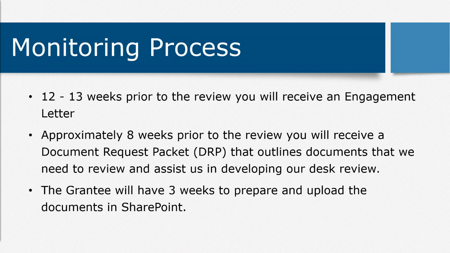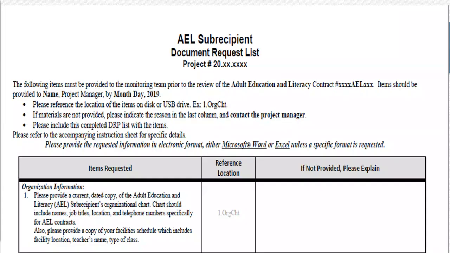If you go to the next slide, it shows exactly what a DRP will look like. The document request packet is 4 pages long and consists of information requested for both program and fiscal.